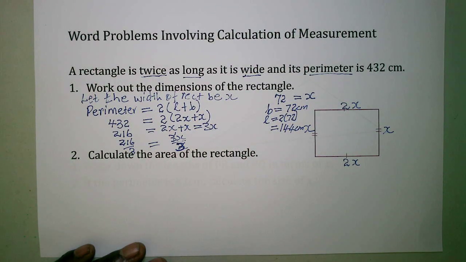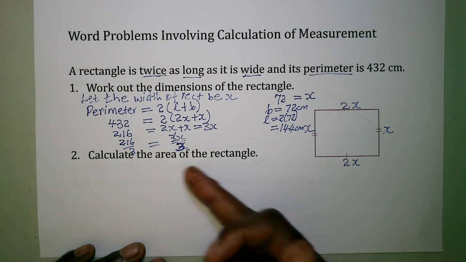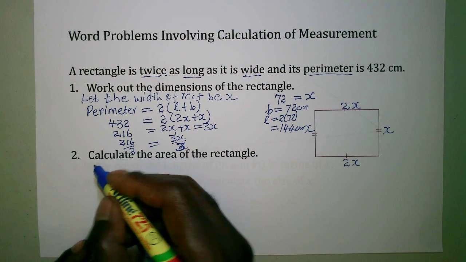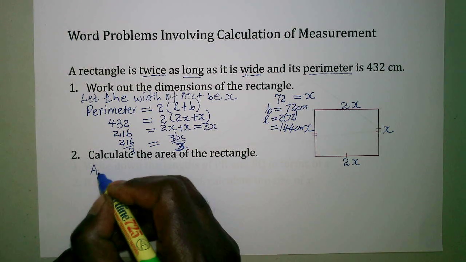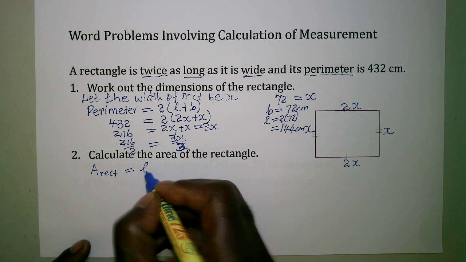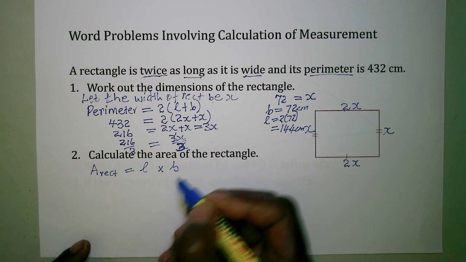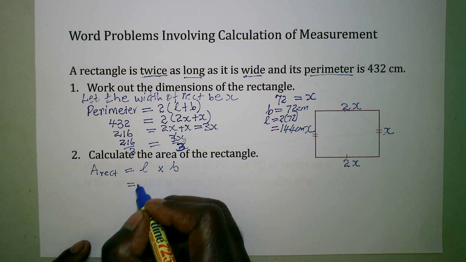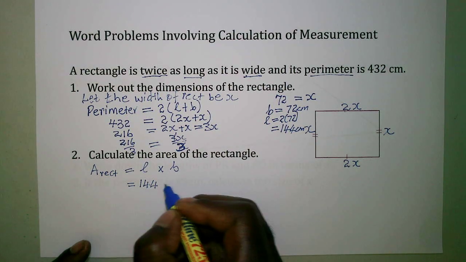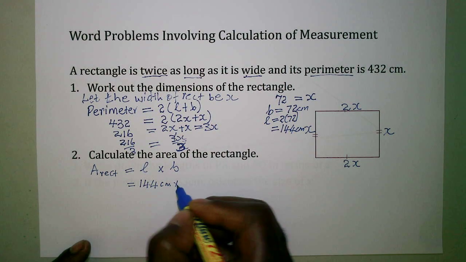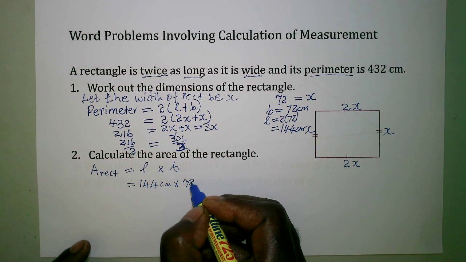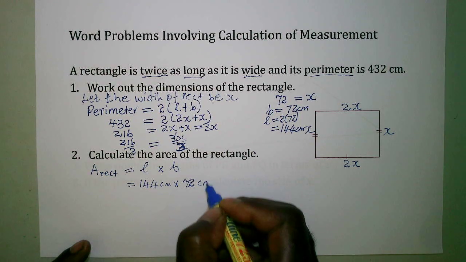Okay. Now the second question says calculate the area of this. The area of a rectangle is equal to length times breadth. What is our length? We now know our length is 144 centimeters multiplied by 72 centimeters.